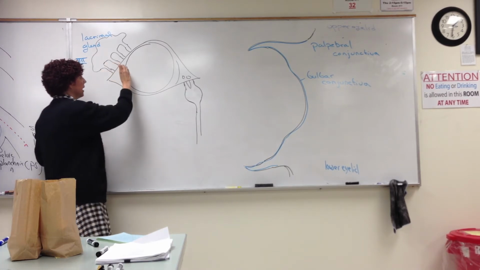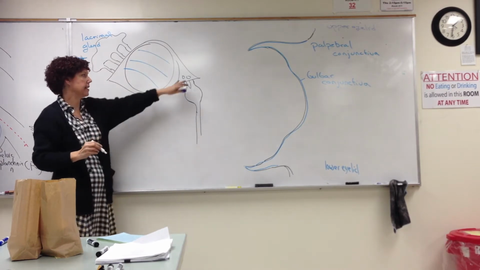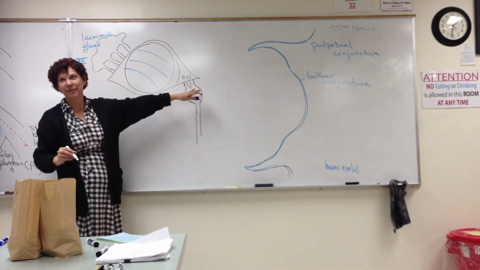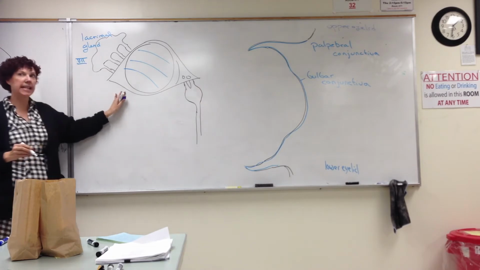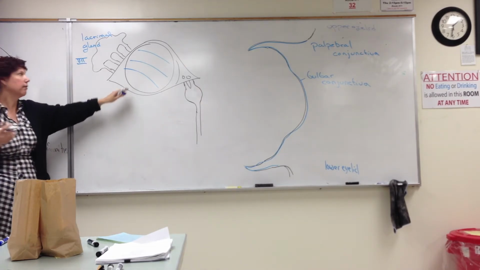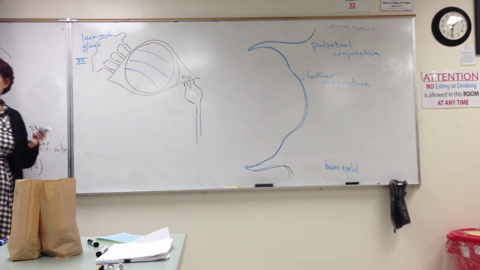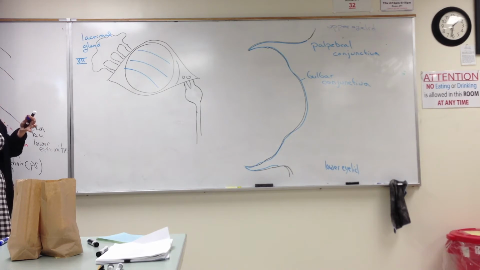Those tears pass from upper outer to lower inner, and this is where we have the drainage. If the drainage system were here, the medial aspect of the eyeball would be dry, and if it were up here, the lower inferior aspect would be dry. So this is the best location for getting the entire eyeball clear.